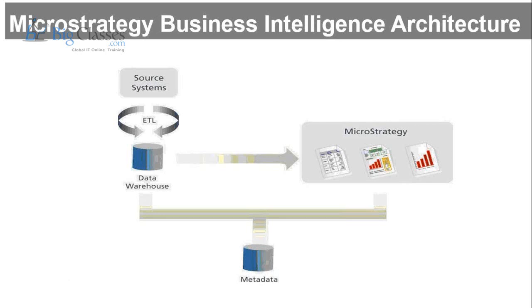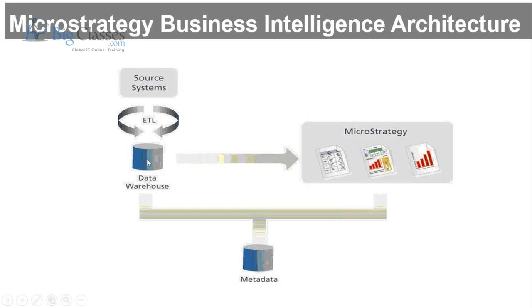Whatever objects you have created in MicroStrategy, you have reports, prompts, filters, attributes, tables, whatever objects you create in MicroStrategy, every piece of information is stored in metadata. Metadata does not contain any data.